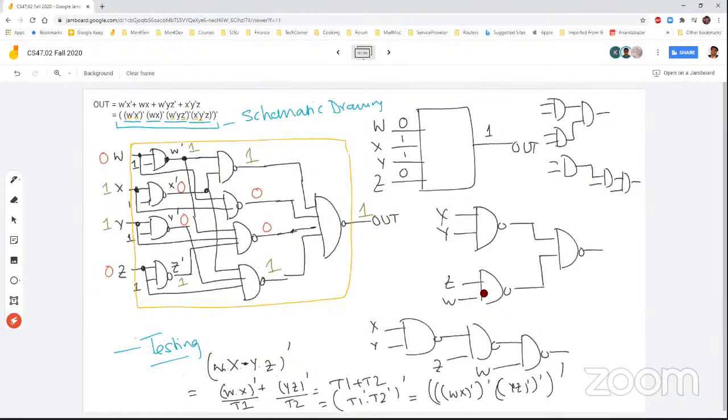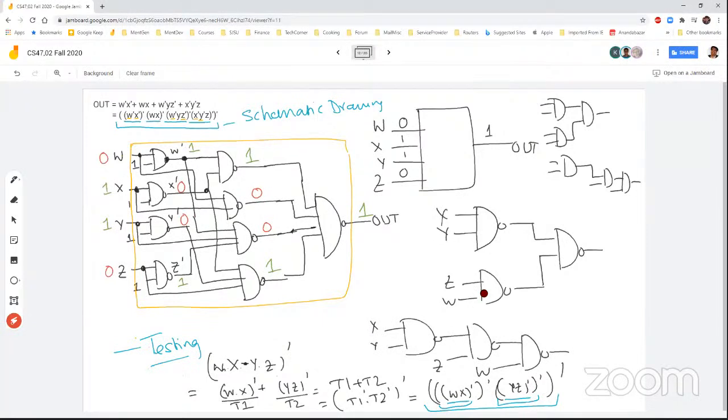So this is one NAND gate. Do you agree so far with this conversion? This is one NAND gate. And then this becomes another NAND gate for inversion of that. And then this one would be another. So 4, 5. Yeah, you're right. Actually, we need 5 NAND gates for this one.